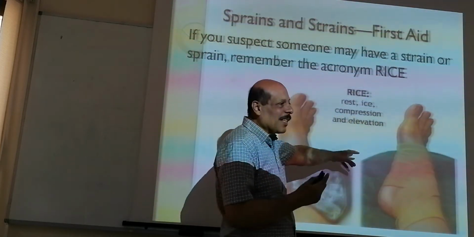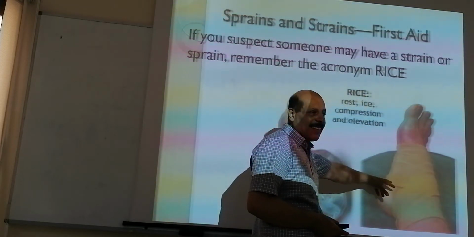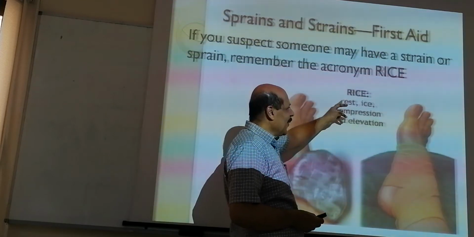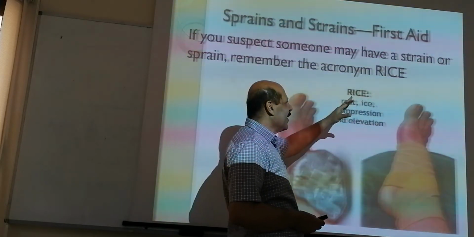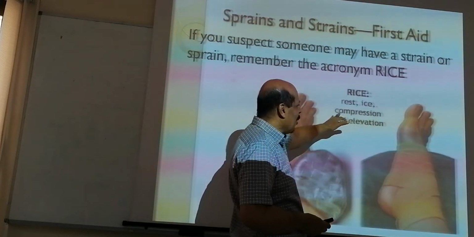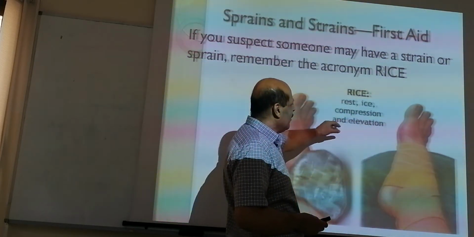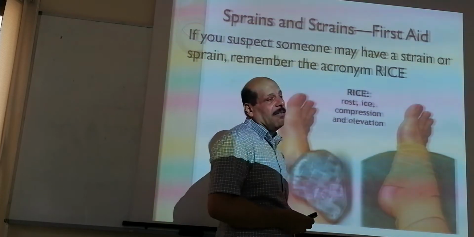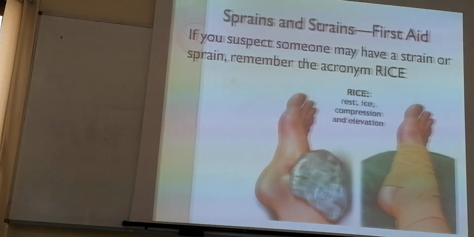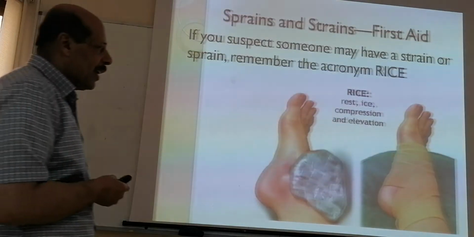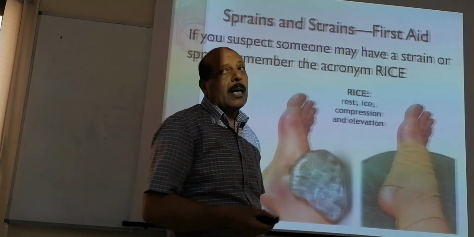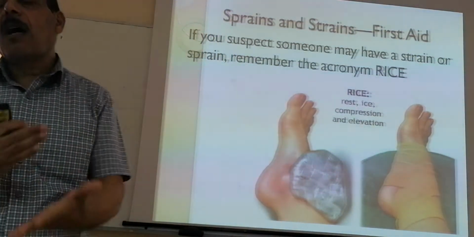Compression using a bandage, usually a strap bandage, and elevation. So RICE means rest, use of ice or cold compresses, compression, and elevation. This is the protocol for dealing with strain and sprain.